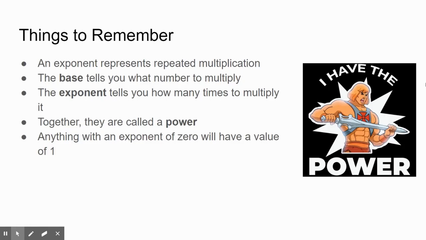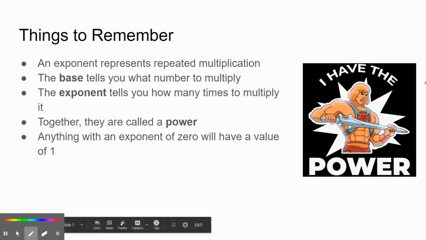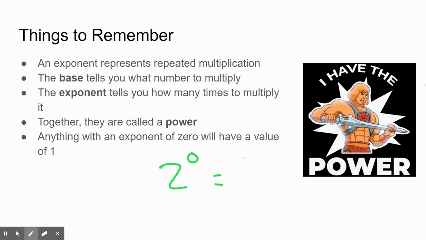We didn't talk about that in this video, but if you'd like a separate video explaining why that's the case, please let me know. I'll be happy to make that. Just know that 2 to the 0th power will equal 1. It doesn't matter what your base is. If the exponent is 0, it's going to be 1.